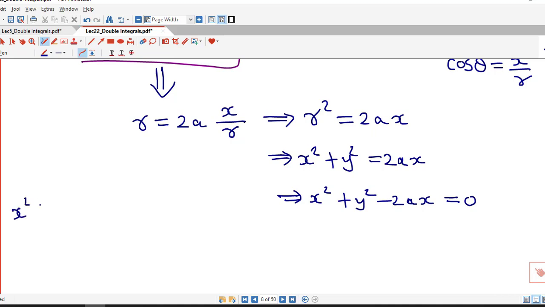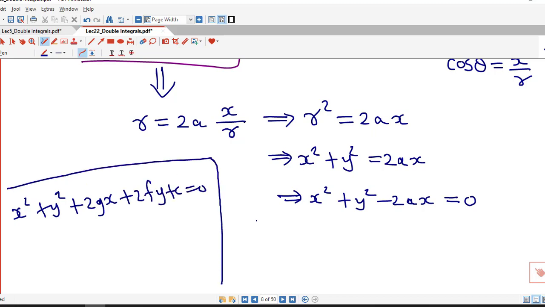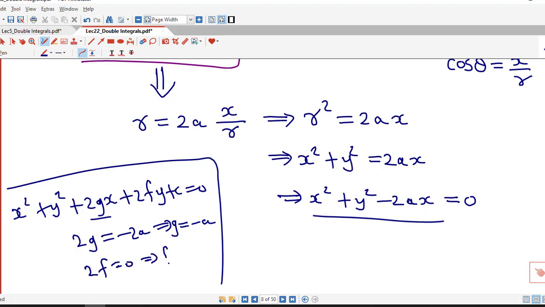If we compare this equation with the general equation of a circle, x square plus y square plus 2gx plus 2fy plus c equal to 0, we can see the coefficient of x is minus 2a, so we have 2g equal to minus 2a, that is g equal to minus a, and there is no y term, so 2f is 0, that means f is 0, and c is also 0.